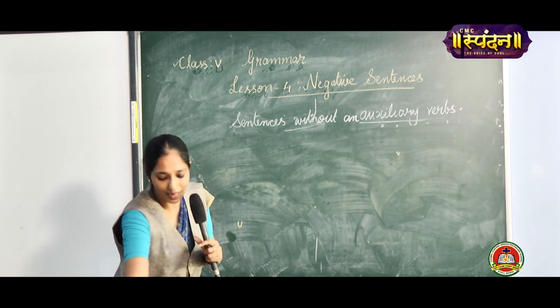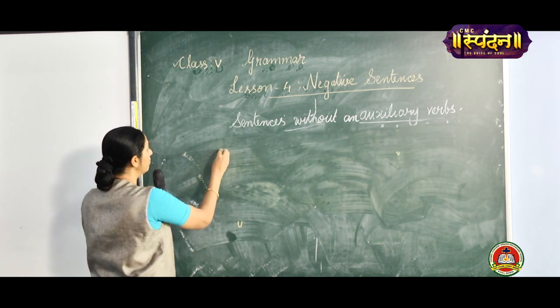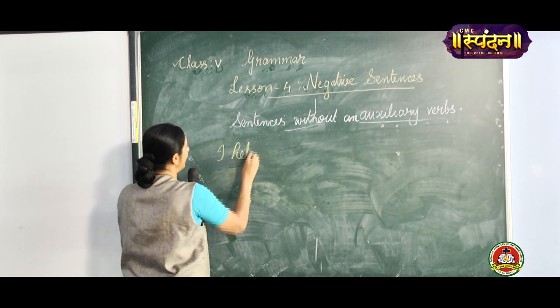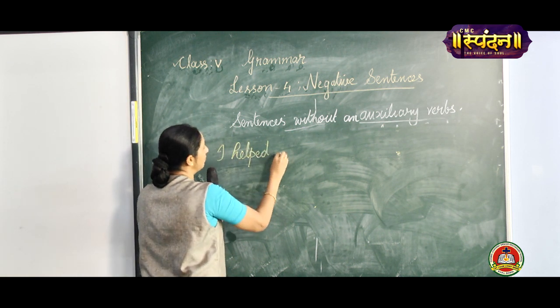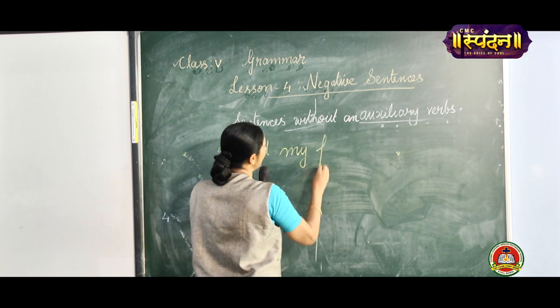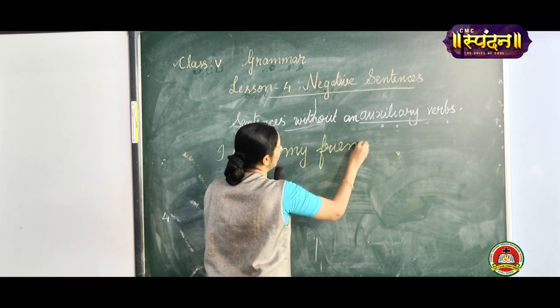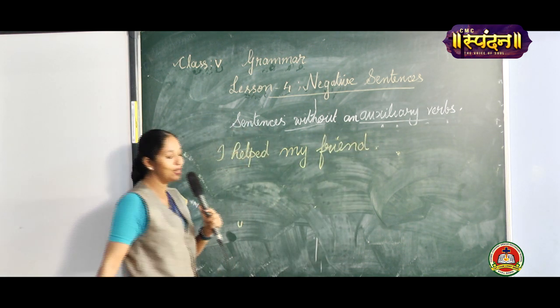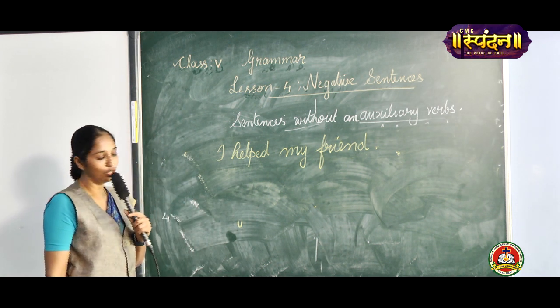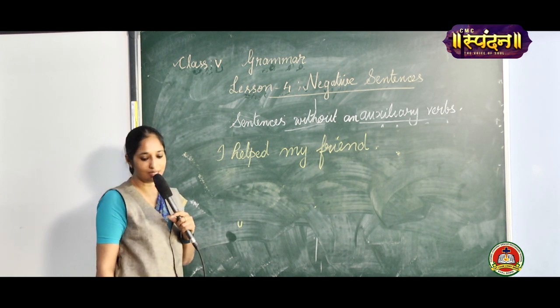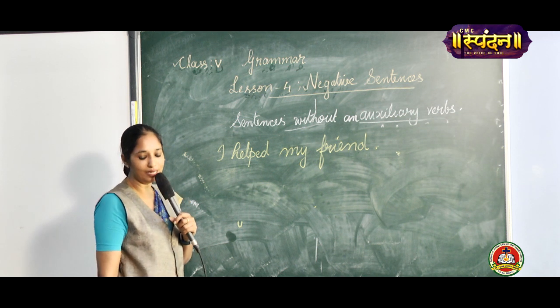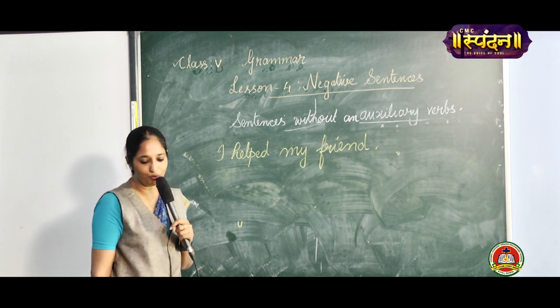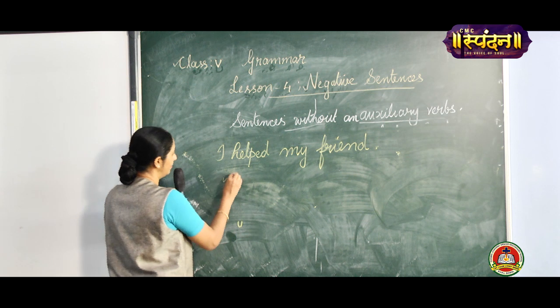The same example I am going to write. I helped my friend. So here the verb is in past tense. So the rule is, past form of do or does is did.